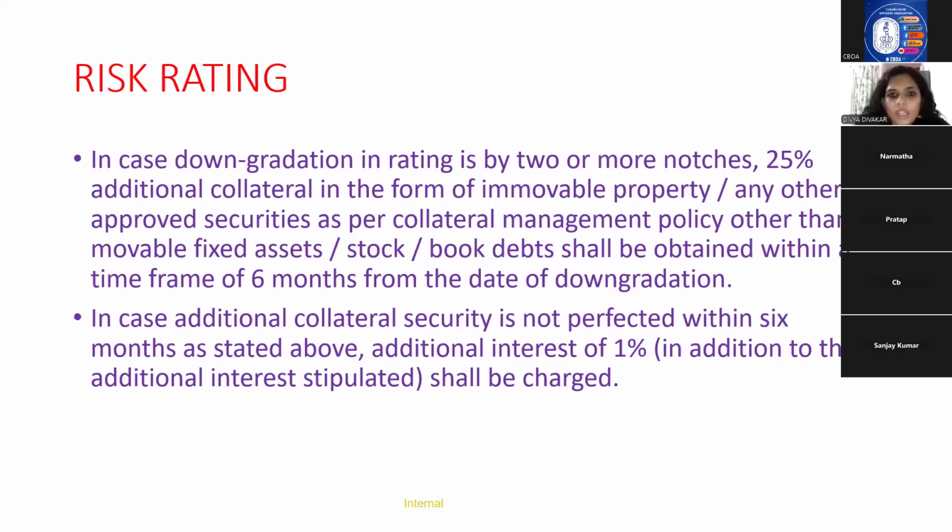That is within 6 months from the date of downgradation. Just remember simply: if, while doing a further risk rating, you observe a downgradation of 2 or more notches, 25% additional collateral is to be asked in the form of immovable property. If this is not obtained, we can charge them an additional 1% interest.